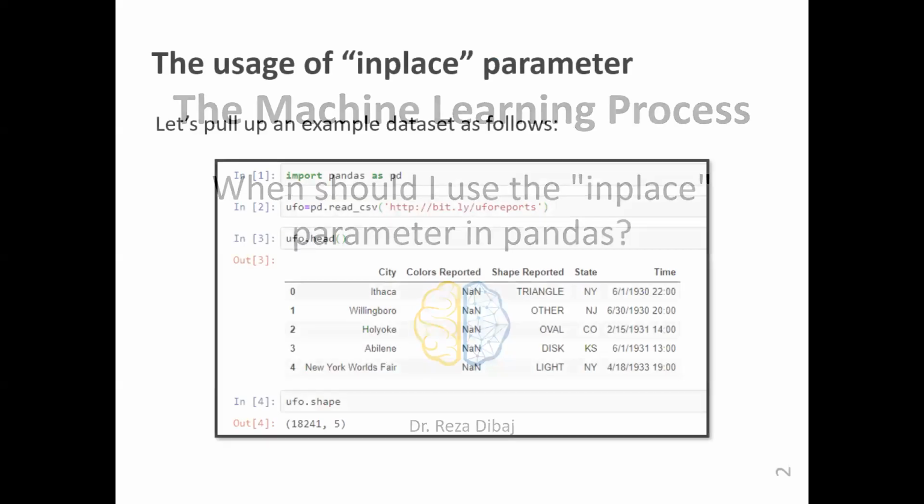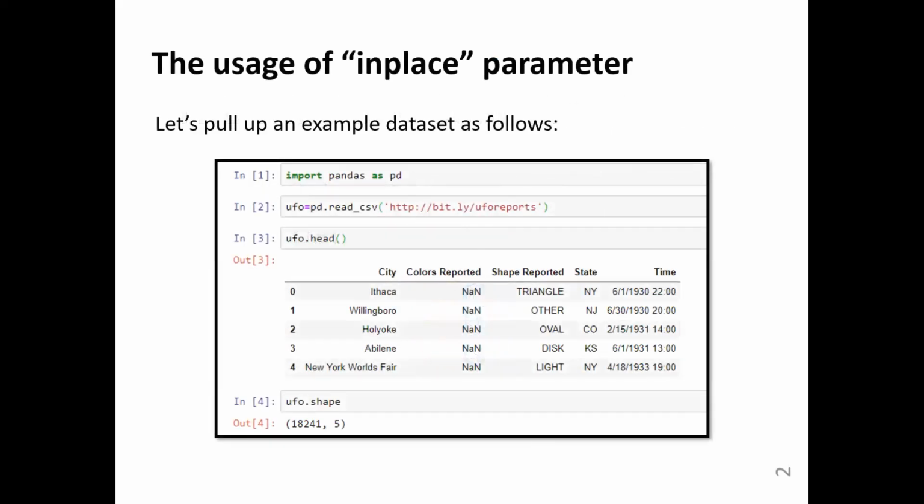If you want to change applies to your data set, please pull up this data frame, UFO reports. And show the first 5 rows and the shape of it.